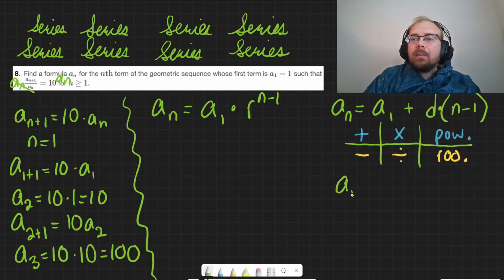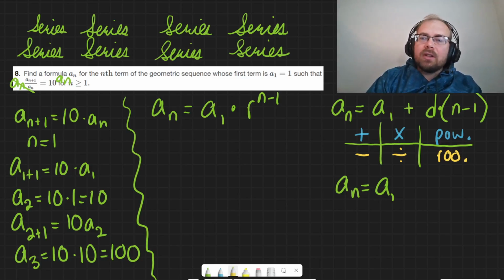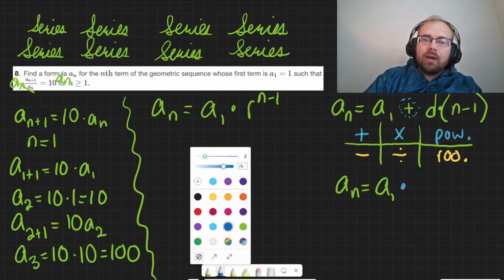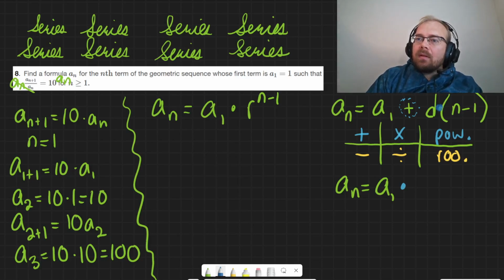Okay, so a sub n equals a sub 1. And then what if the plus becomes a times? Let me use a different color here. And then what if the times becomes a power?